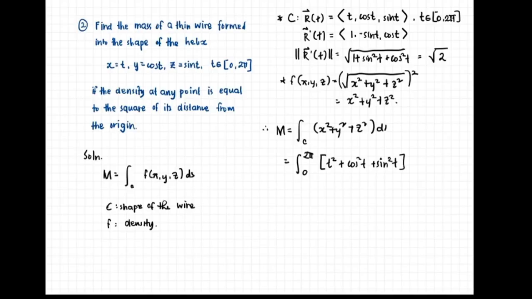And then ds is replaced by the norm of r prime, which is square root of 2 dt. Or this is equal now to the square root of 2 times the integral from 0 to 2 pi of t squared plus cosine squared plus sine squared, which is 1, multiplied by dt.